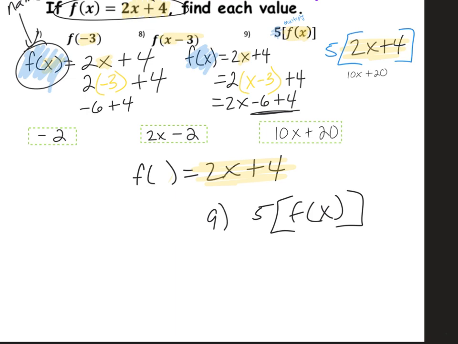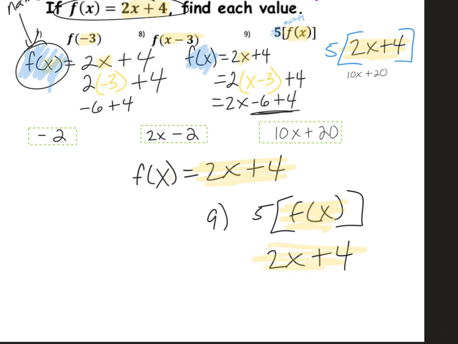But notice in number 9, they didn't replace the x with a number, which means you need to just use it exactly the way it's written. So you're still just going to use 2x plus 4, just because that was the way it was written in the original problem, okay?